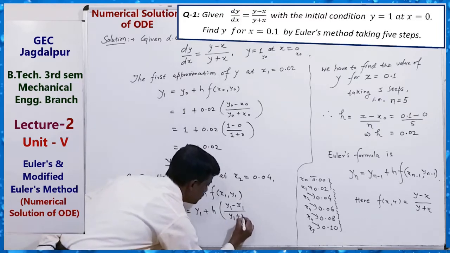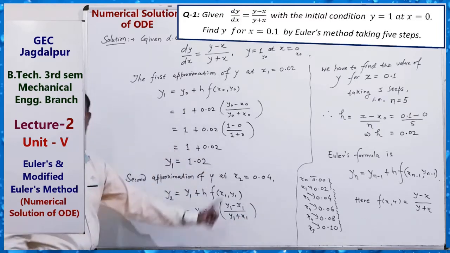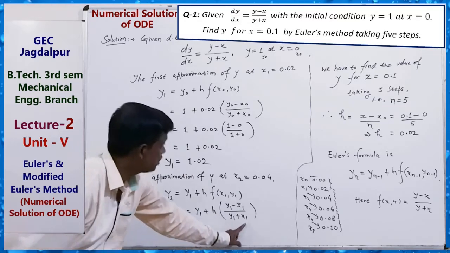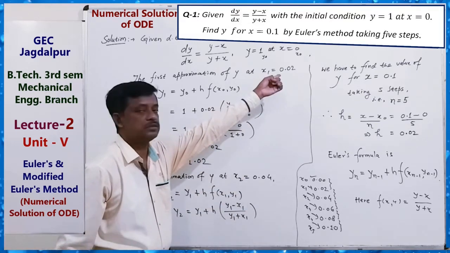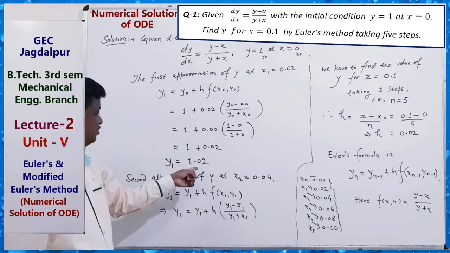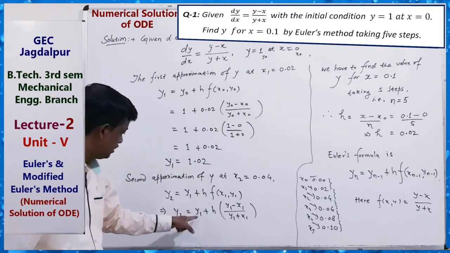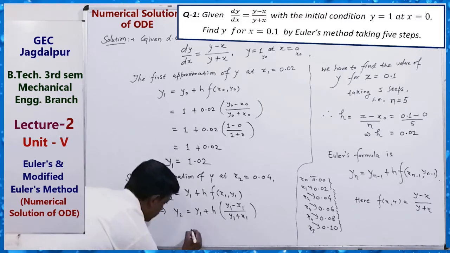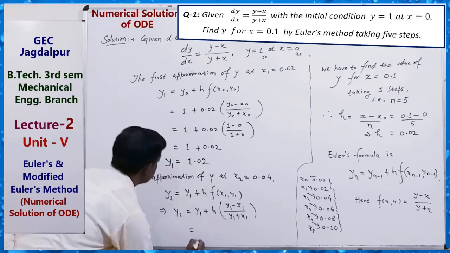Just put the values. Here x1 equals this, and y1 equals this.